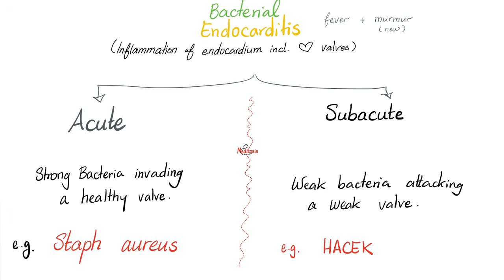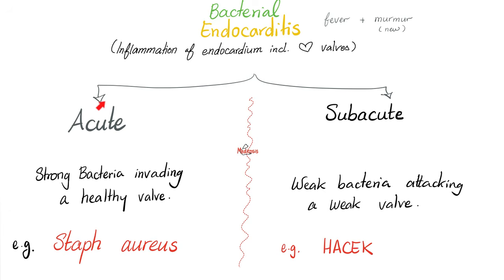Before we talk about staph endocarditis, let's talk about bacterial endocarditis in general. What's that? Endocarditis. Itis means inflammation. Cardi is the heart. Endo is the endocardium of the heart, which includes the cardiac valves. All of these patients will suffer from fever and a brand new murmur that did not exist in me before. Bacterial endocarditis could be acute or subacute.